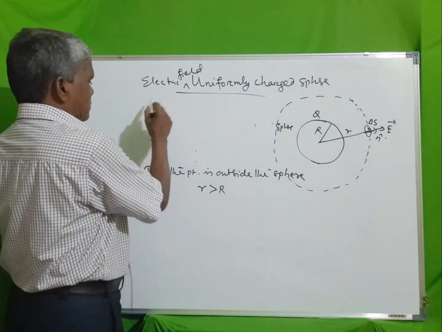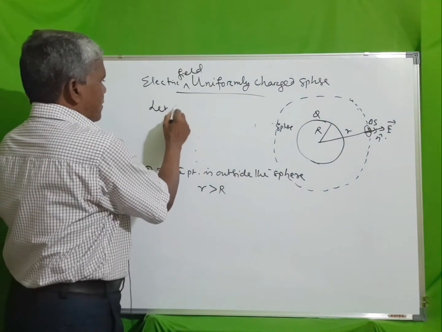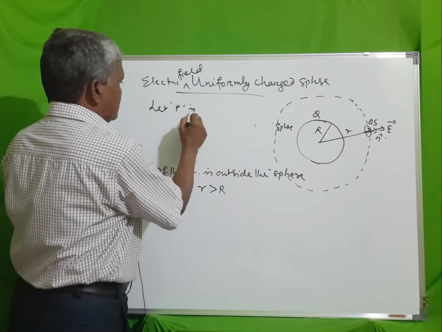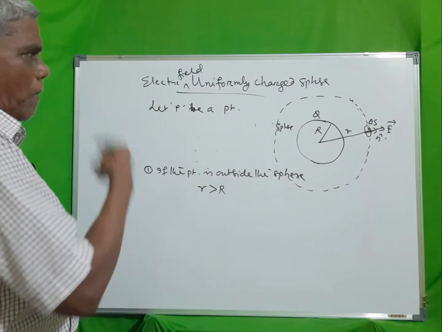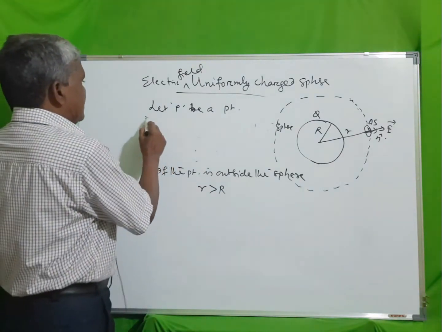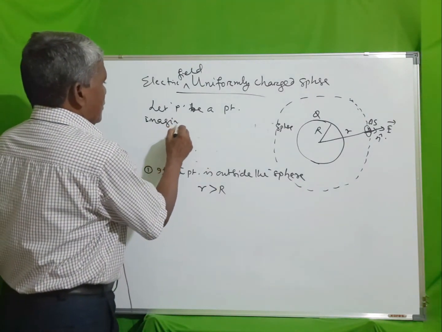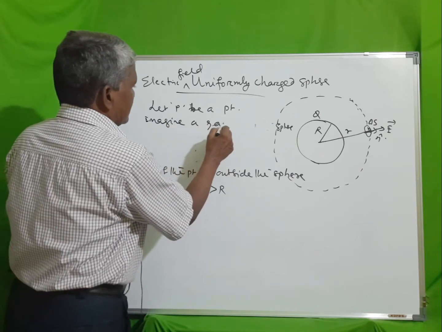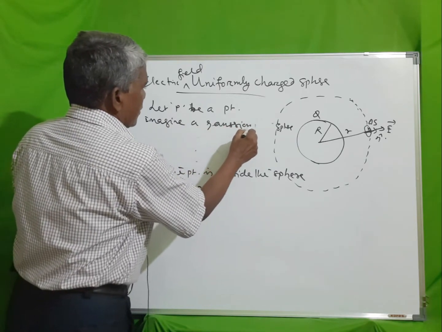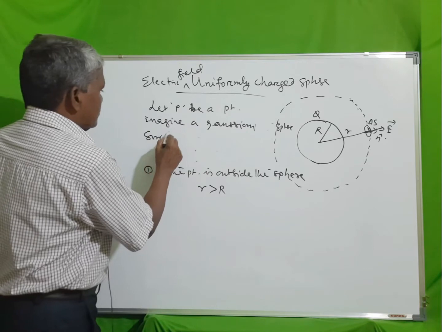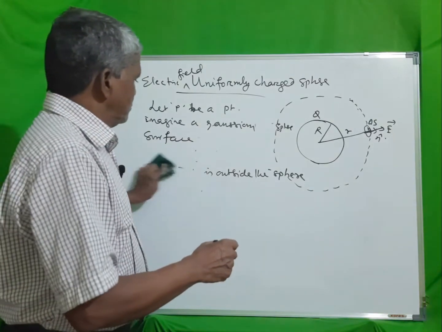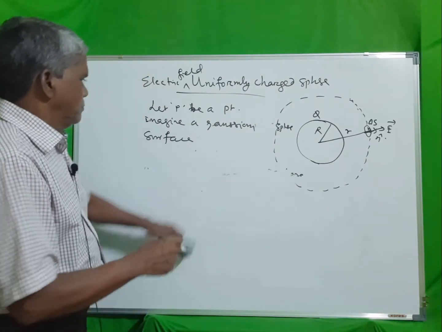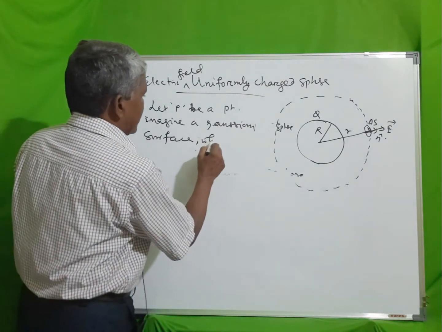Let P be a point, and imagine a Gaussian surface which is spherical.